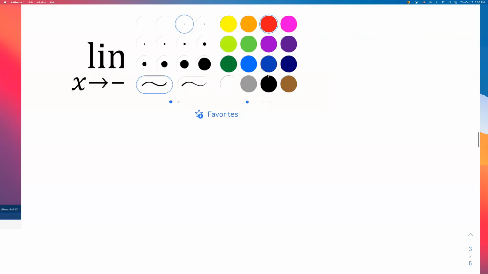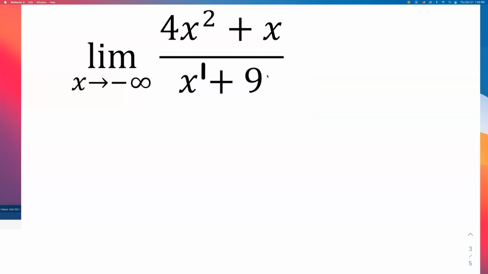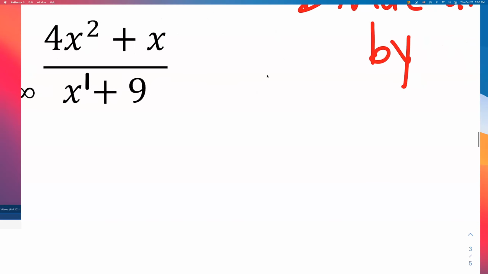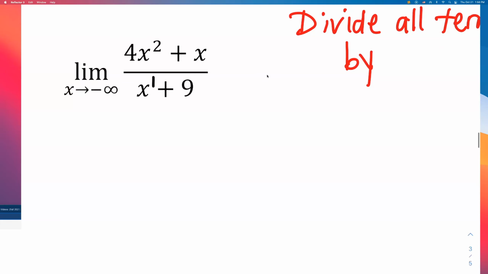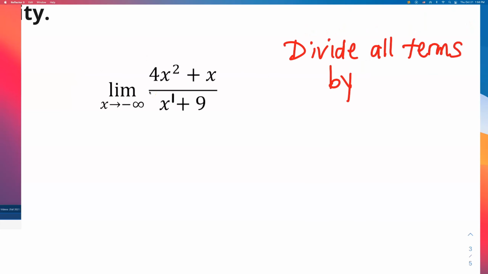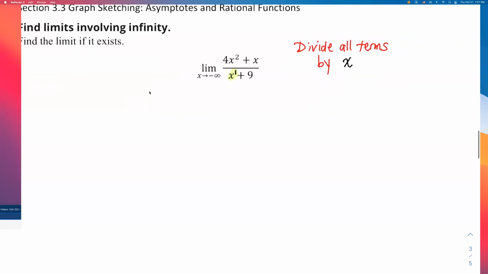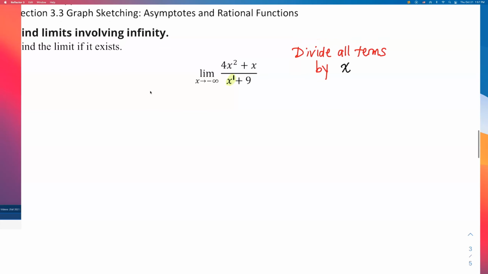This one's simple. In the denominator, there is x to the first power. That's the one with the degree. So I need to divide everything by x to the first power, okay? All right, so divide all terms by the degree of the denominator, not the numerator, but the denominator, okay?